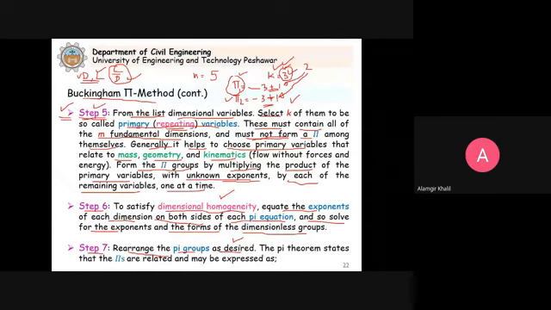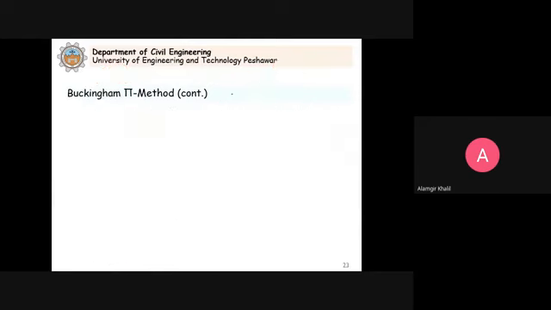You must understand. The pi theorem states that the pi's are related and may be expressed like this. Because the number of variables has to reduce from n to n minus k, where k is the reduction number, you see the pi's go up to n minus k.